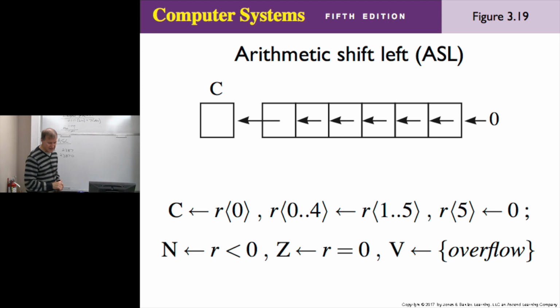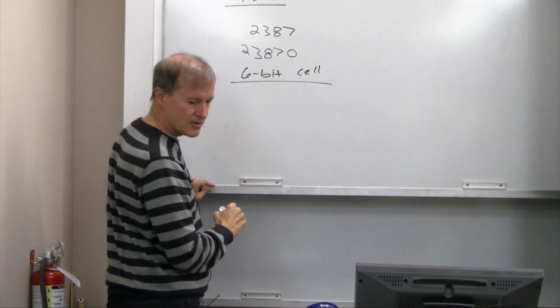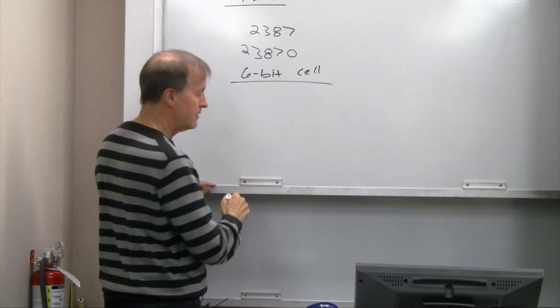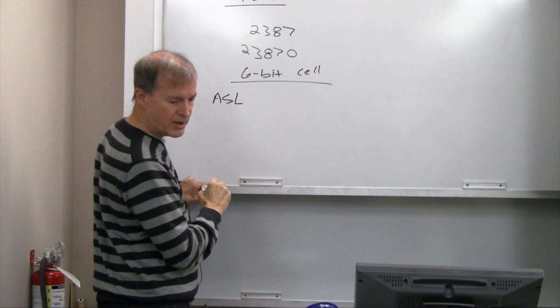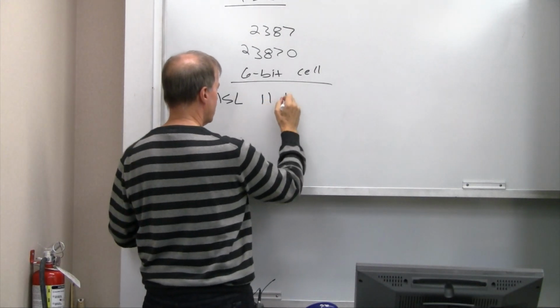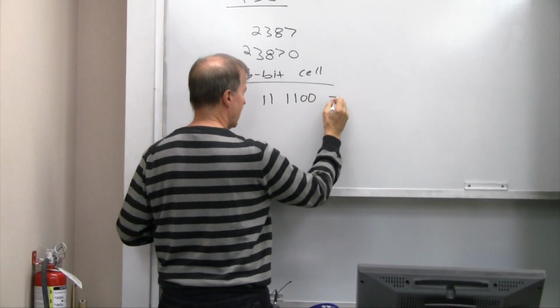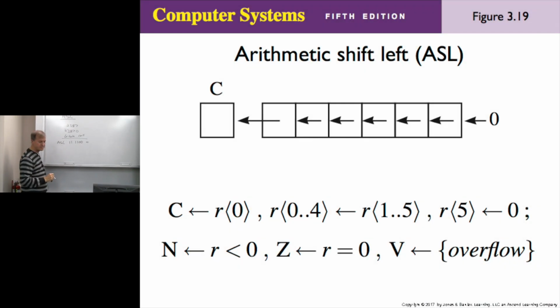So let's do ASL, let's do a 6-bit cell. And let's do ASL 111100. Oh, and by the way, what does the figure say C gets? The leading one, right?